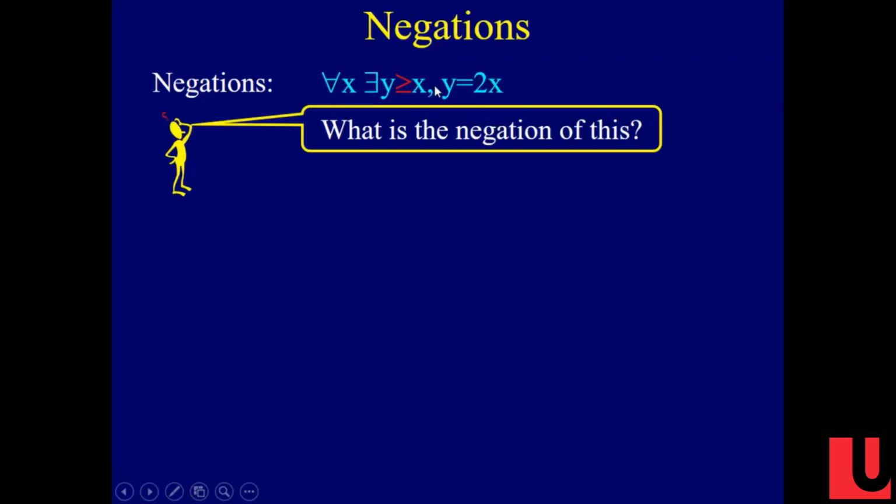So how do we take the negation of this? We're going to have there exists an x, and we're going to have for all y. But now what do we do with this? Do we say this? No. Why not? You've got to think, is this wrong?